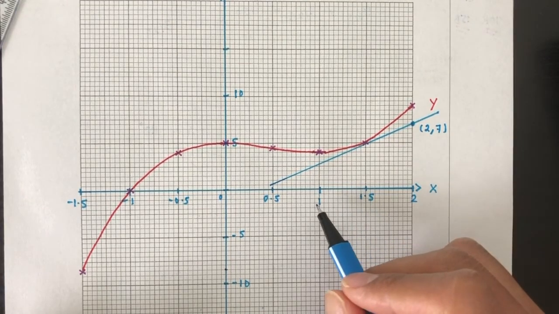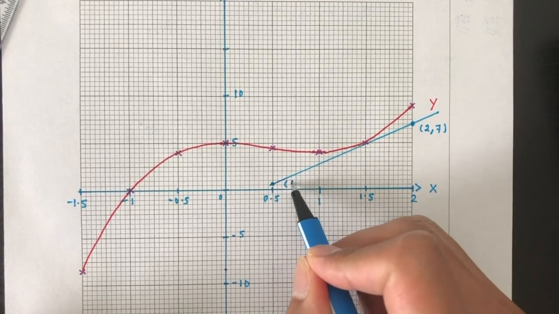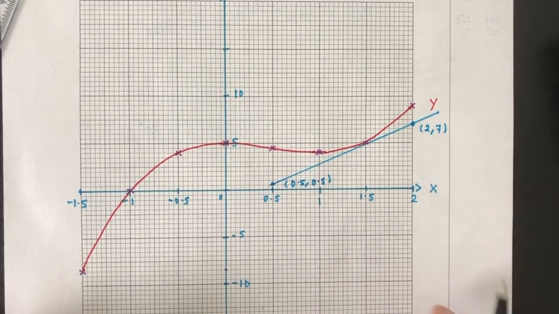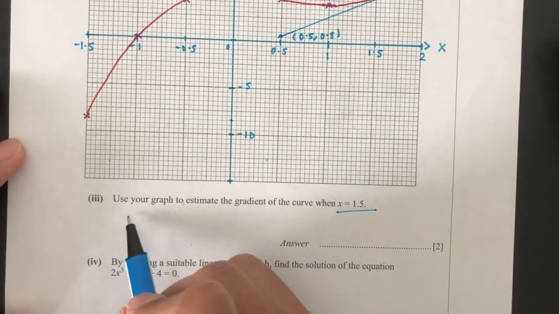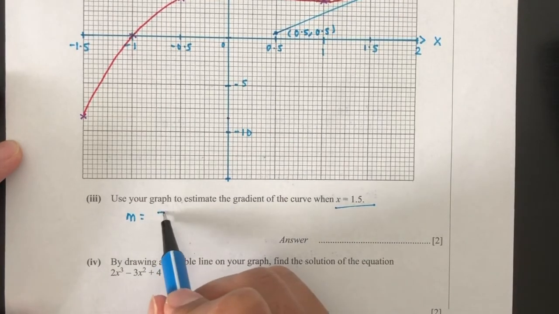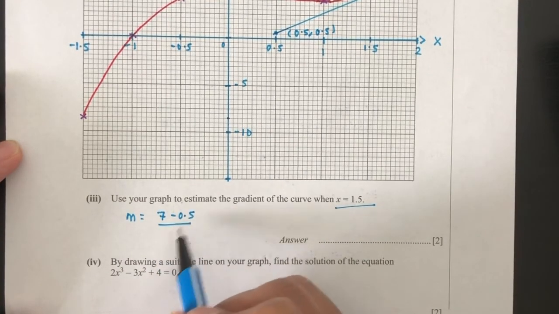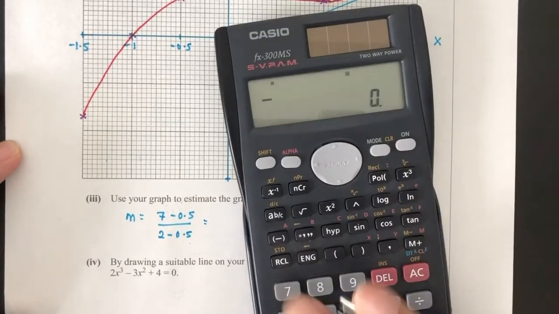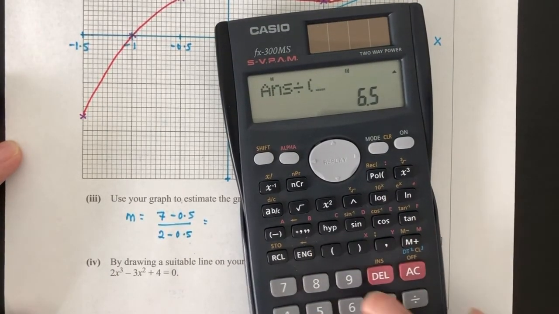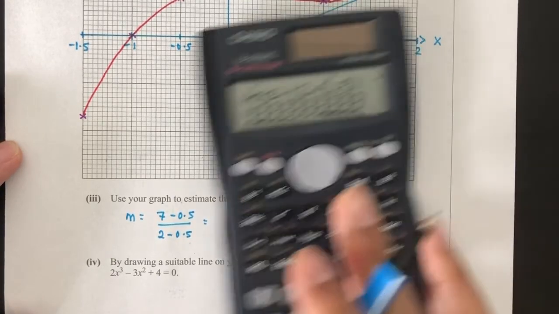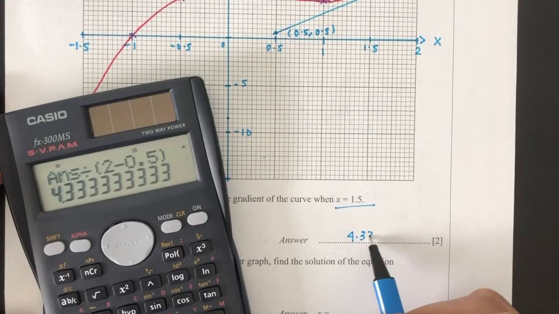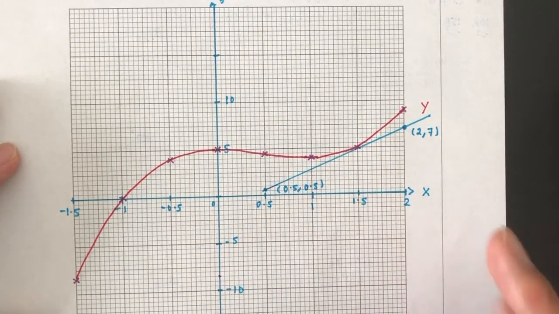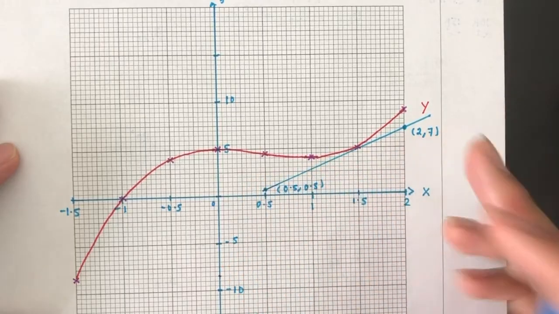And 1 point I will take here, which is 0.5 and 0.5. So let's find the gradient. As you know, the formula is y2 minus y1, 7 minus 0.5, divided by 2 minus 0.5. That will be 4.333. So it depends on how well you drew this line. Usually it should be about this value, but it depends on how you drew your tangent.